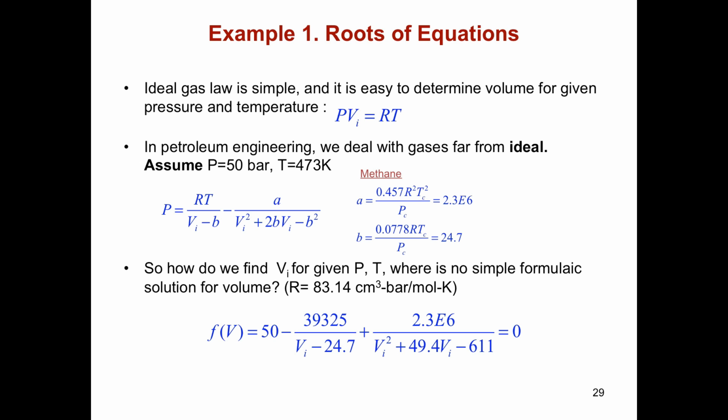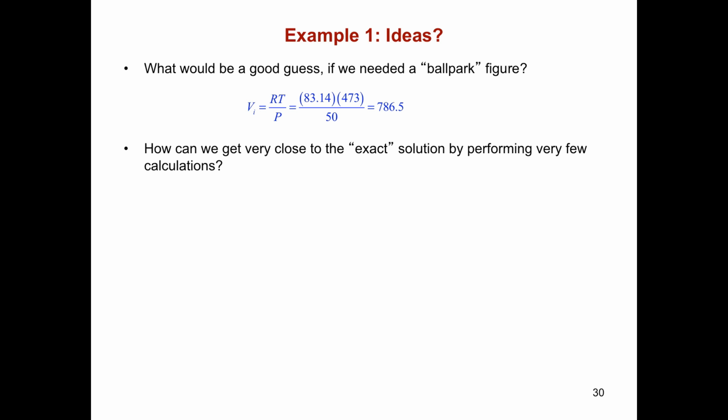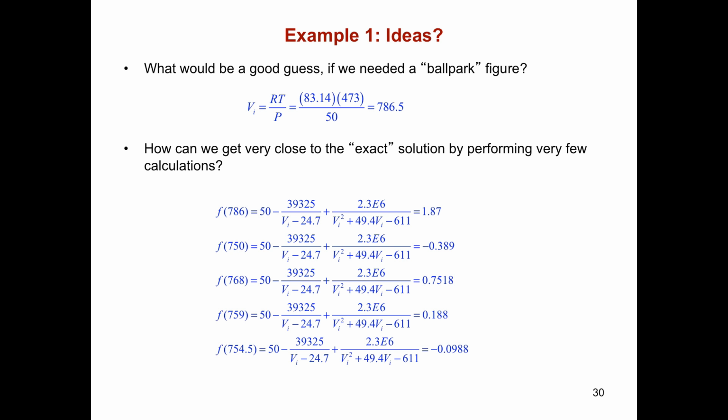Those are graphical solutions, but they're a good guess. So VI is actually, in this particular case, 786.5. If you put 786 in there, you're going to get 1.87.